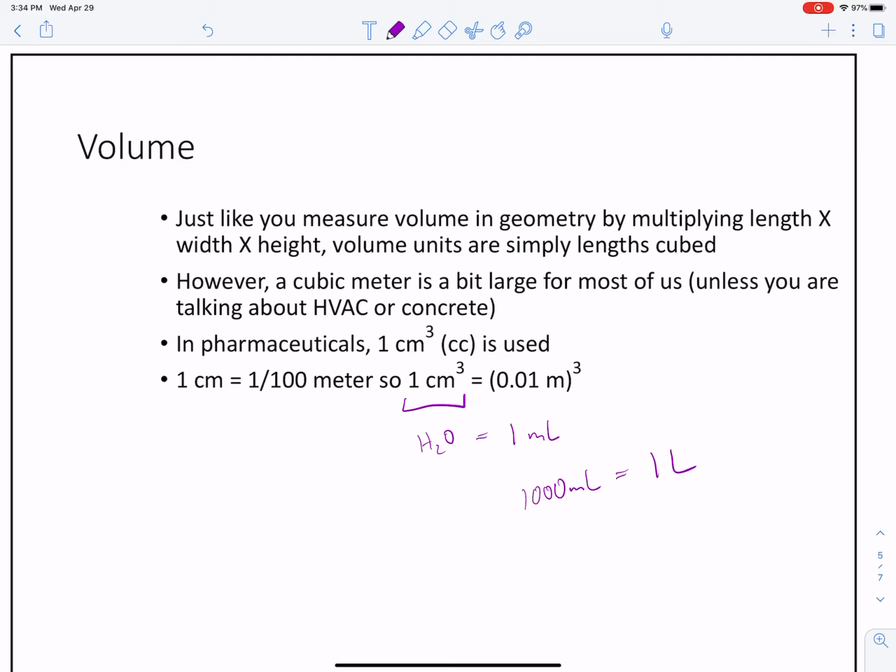Now, interestingly, this centimeter cubed, you may know this more as cc's. So when we're measuring volume, sometimes we measure in terms of cc's. When you're getting a shot, you get a shot that's filled with 1 cc. That's 1 milliliter.